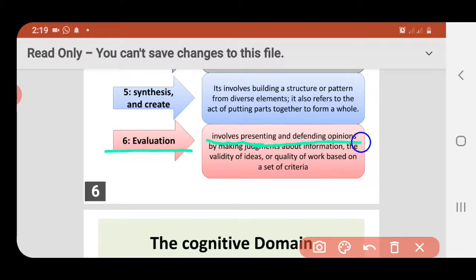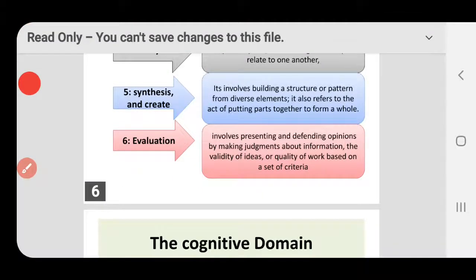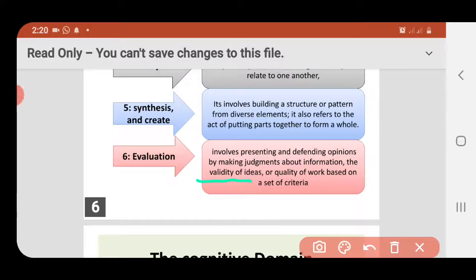Now he is able to defend the argument or the thing which he learned, and make judgments about information, the validity of ideas, or the quality of work based on a set of criteria. What was the criteria which he learned before? Now he is able to justify that information. Now he fully understands all these things.